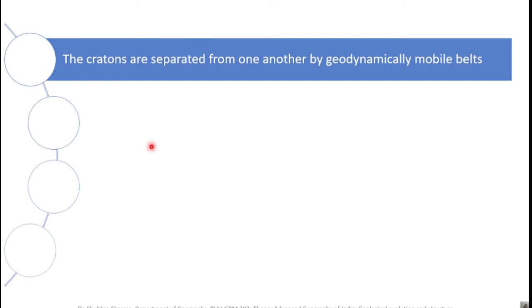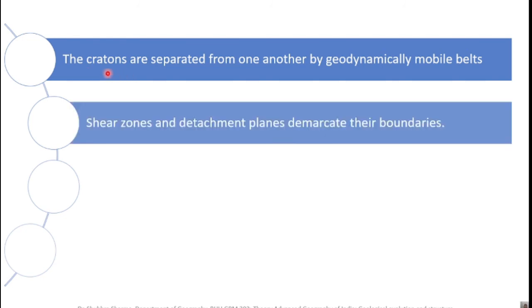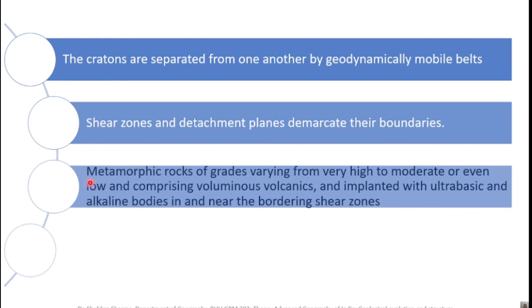So mobile belts are the zones which separate the cratons from one another, or they represent the margins or the shear zones which demarcate the boundary of these cratons. If we talk about the lithology, or the types of rocks in mobile belts, they're dominated by metamorphic rocks.